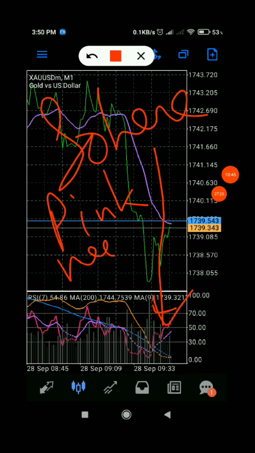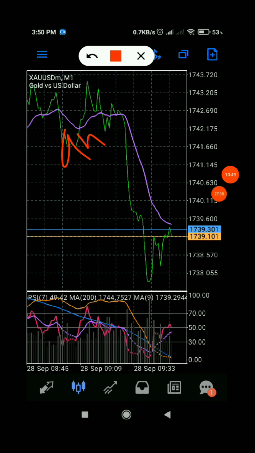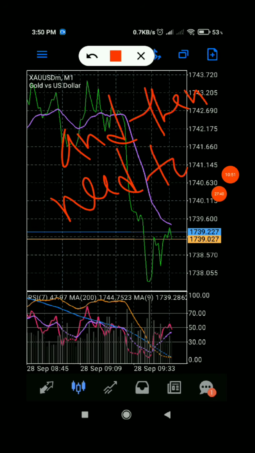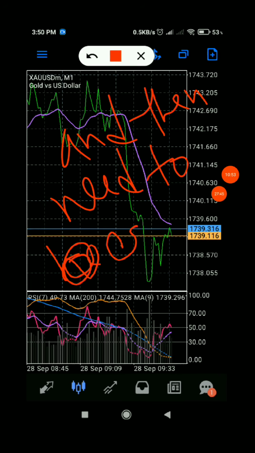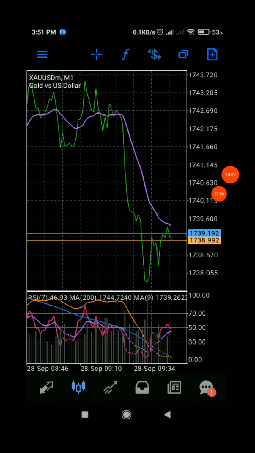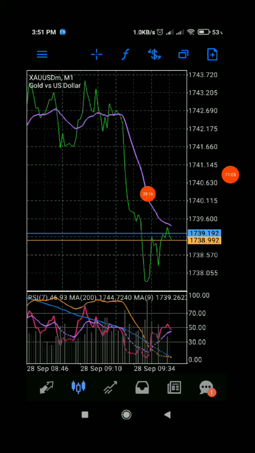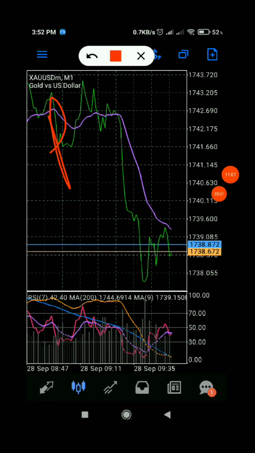So here you see pink needs to come down and then cross. The first pink needs to come down and then it should cross upwards.